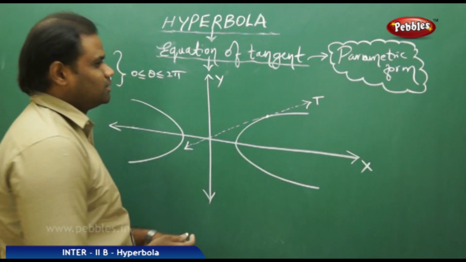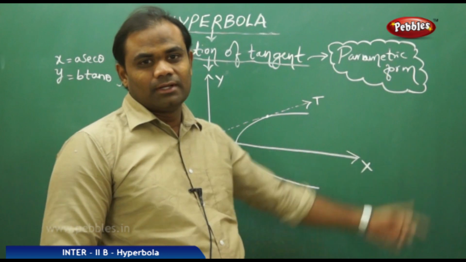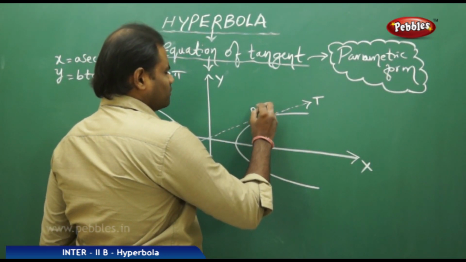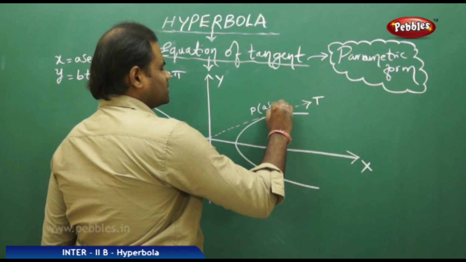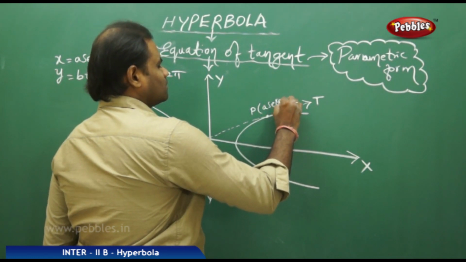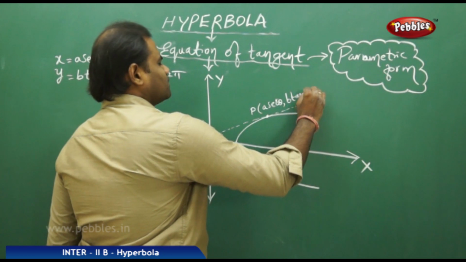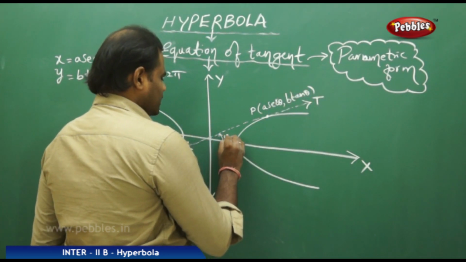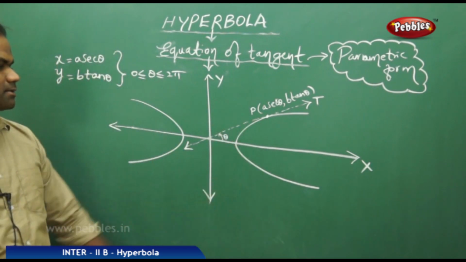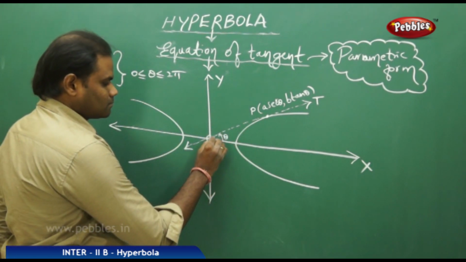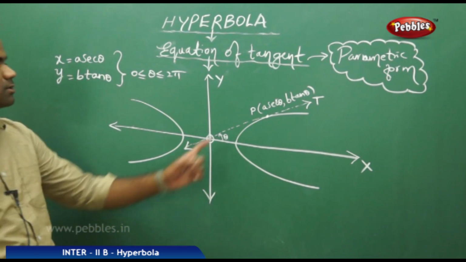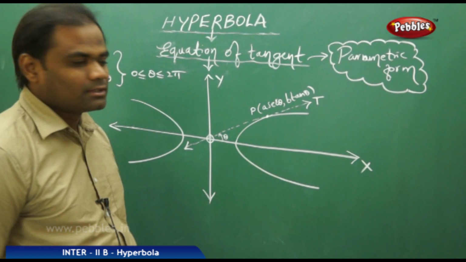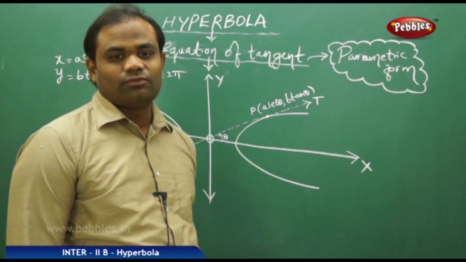Since I want the equation of tangent in parametric form, I take the parametric point P of theta, that is a secant theta and b tan theta. In order to find the equation of tangent at P of theta, we are going to use the formula.